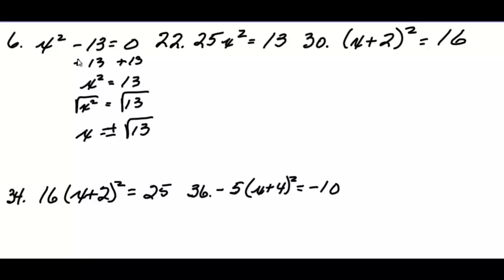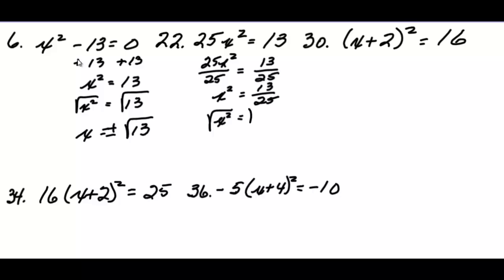Here what we have to do is we take that 25x squared and divide by 25. So we have to divide the 13 by 25. Then we get x squared equals 13 over 25. Square root of x squared equals the square root of 13 over 25.